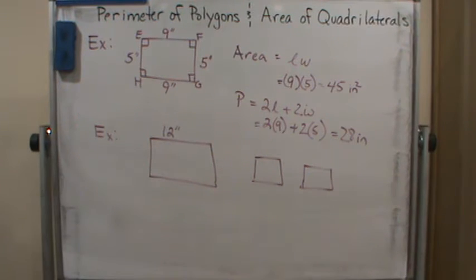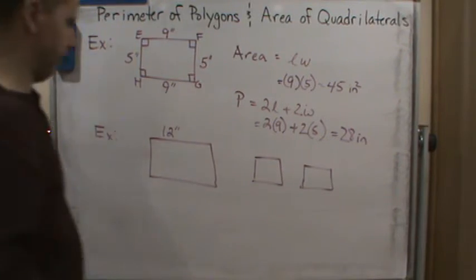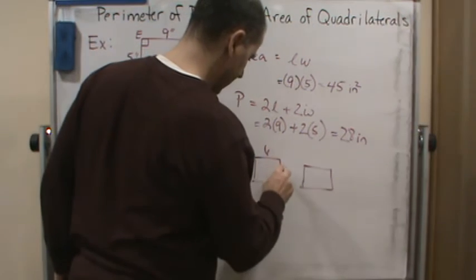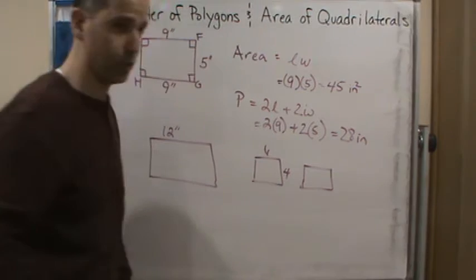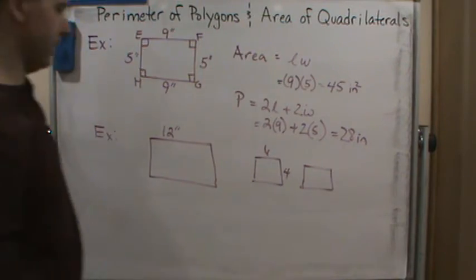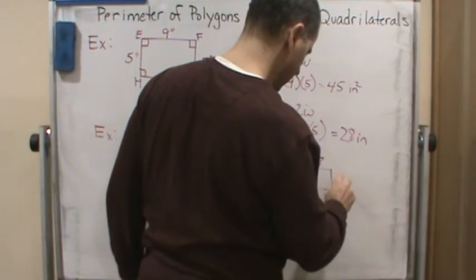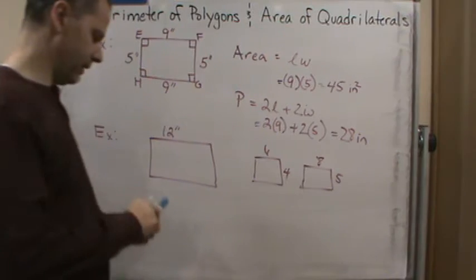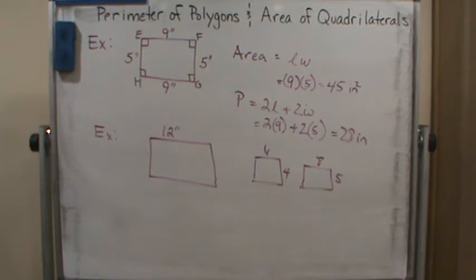What are the dimensions of the 2 rectangles? They give us 6 by 4, so let's say this is 6 by 4, and those are inches. And the other smaller one is 8 by 5, so let's say this is an 8 by 5. Again, don't worry about the pictures. Pay attention to the dimensions.